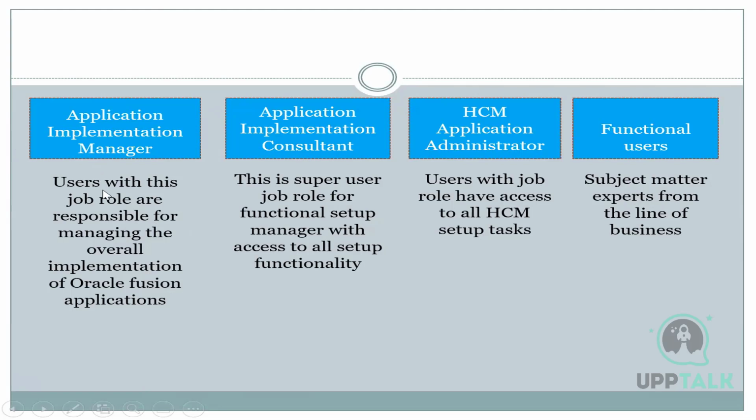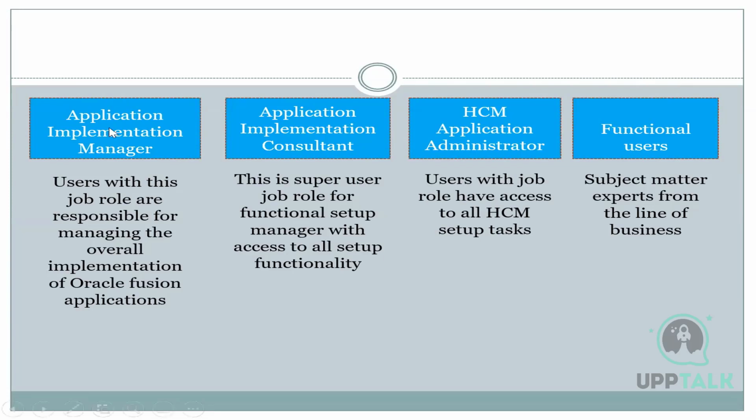Application implementation manager: users with this job role are responsible for managing the overall implementation of Oracle Fusion application. Application implementation consultant is a super user job role, functional setup manager, with access to all setup functionality.